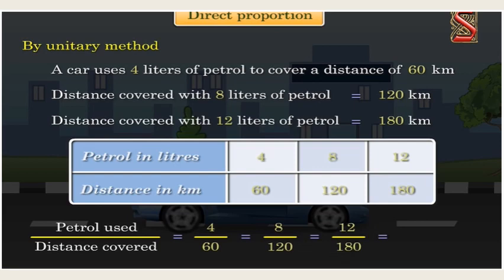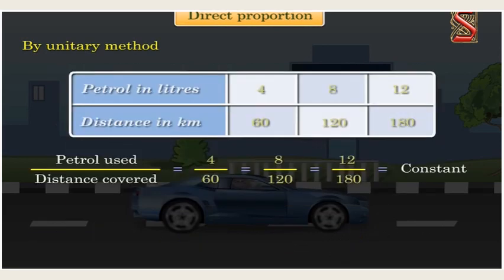So 4 upon 60 by the unitary method, what do we get? Because we are getting this as constant, which means they are directly proportionate to each other.